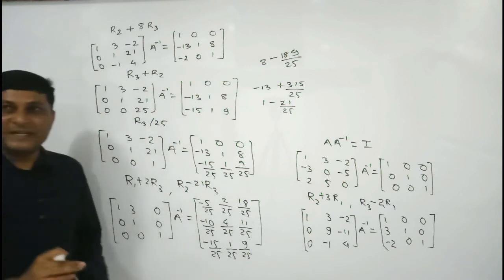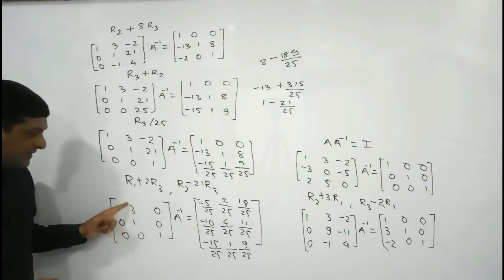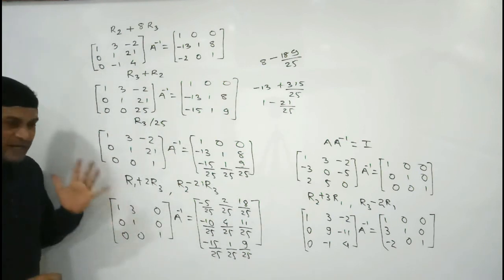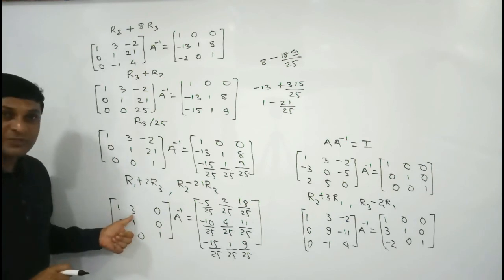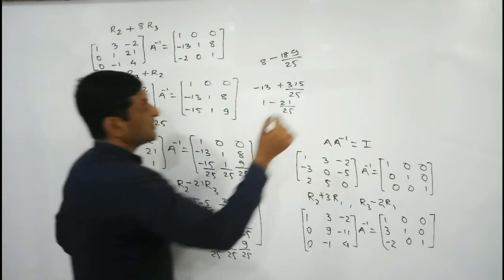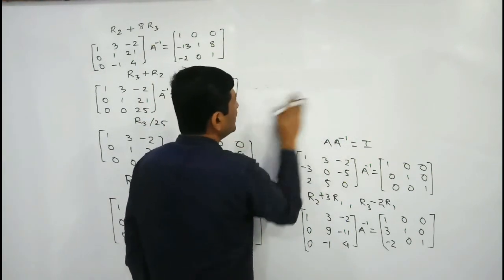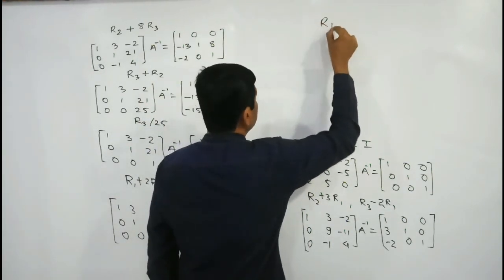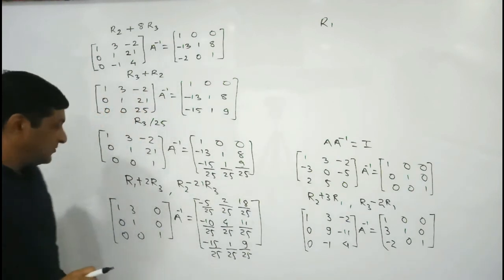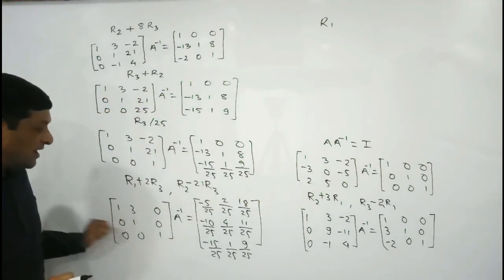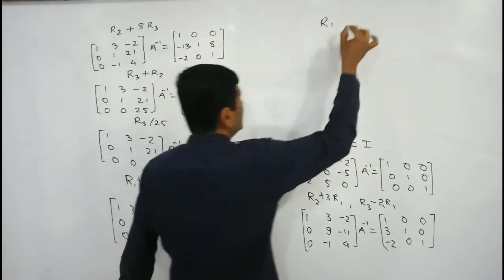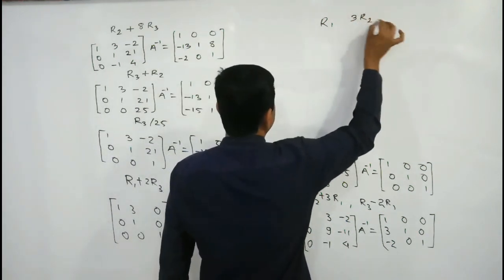Now lastly, try to convert this element into 0 so that this matrix will become the identity matrix. To convert this element into 0, our operation should be on R1. So the operation is on R1 and we have to subtract 3 here. That's why I'm multiplying R2 by 3 so that here we'll get 3, and we have to take subtraction.